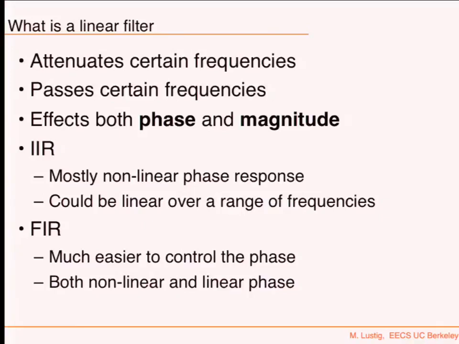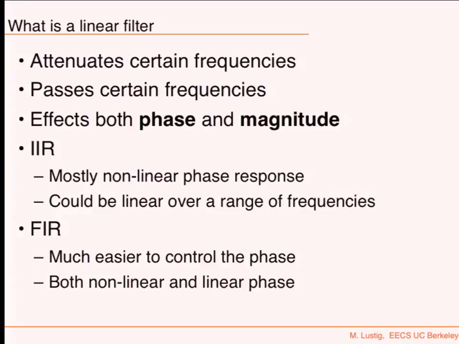I'm going to decide the order of my filter. I'm going to have a certain frequency response, and I want to find the coefficients of those filter taps, let's say a 16th order filter or a 256th order filter, that would match my criteria the best it could. That would be optimal.